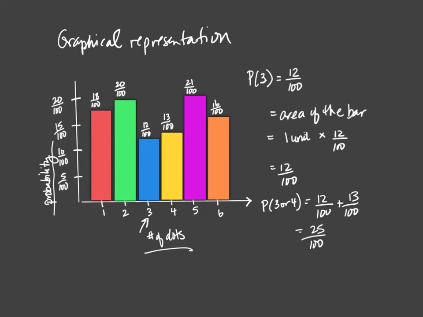If we added up the areas of all the bars, each bar has a specific percent of the area. So if I calculate the probability of 3, I can also relate that to the area of the rectangle, which is 1 unit wide by 12 over 100ths units long. And I get that same answer, 12 out of 100, or 12%. That bar makes up 12% of the total area of all the bars.